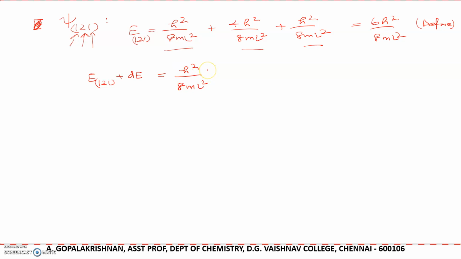This is the energy of the x component. Now there will be a change in the energy of the x component due to distortion along the x-axis. So for the change you have to differentiate h²/8mL². Plus keep the y component and z component as such because there is no distortion along y and z.